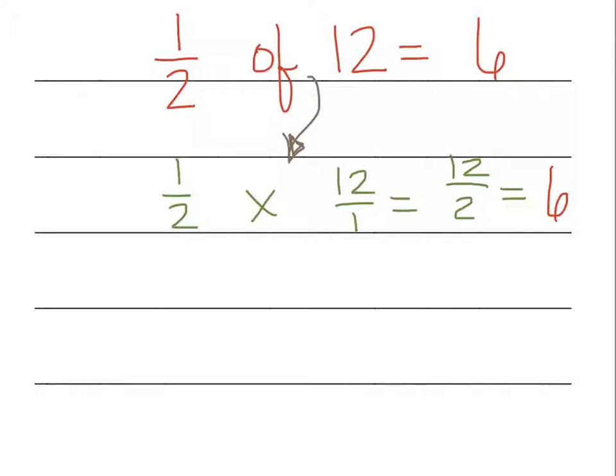The first thing is when you see the of, you have to remember that it means multiply. The second thing to remember is when you have an improper fraction, you need to turn it into a mixed number, or in this case, a whole number, and you do that by dividing. Now, if you can remember those, you're going to find today's lesson is a piece of cake.